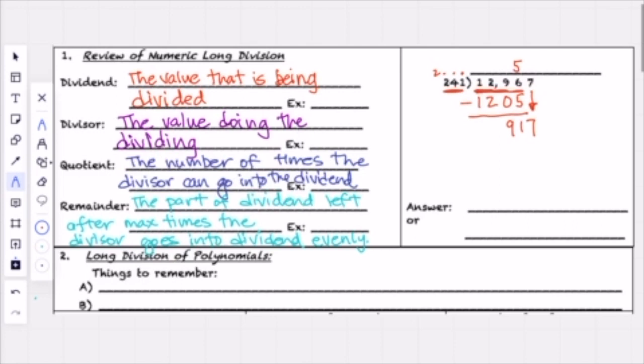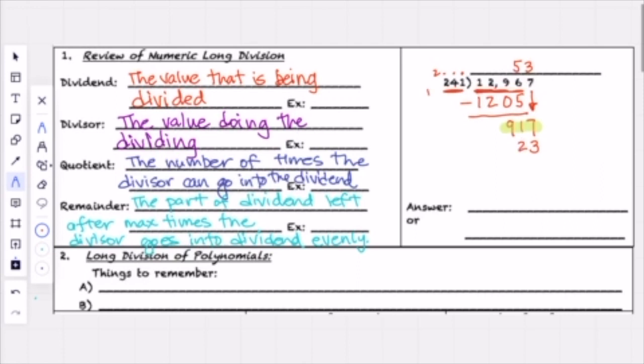And then I'm going to think about how many times does 241 go into this part, the 917. So I'm thinking to myself, probably 3 times. And I'll try multiplying that through. 3 times 1 is 3. 3 times 4 is 12.